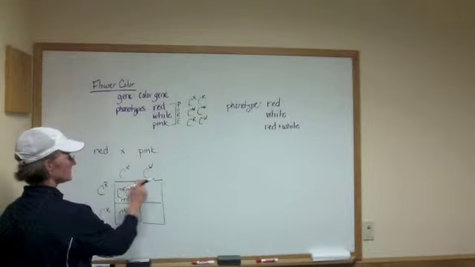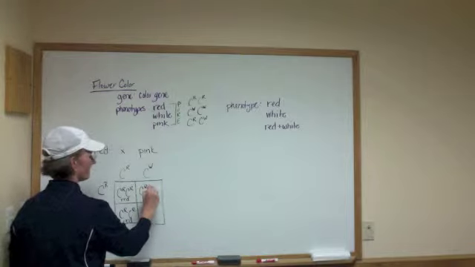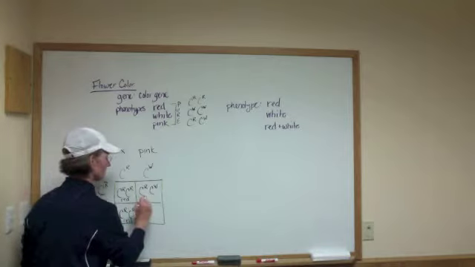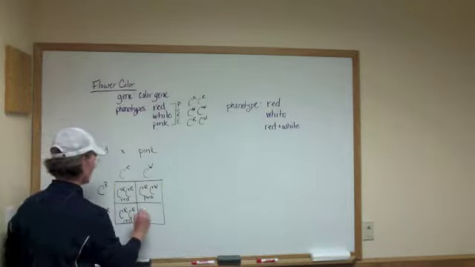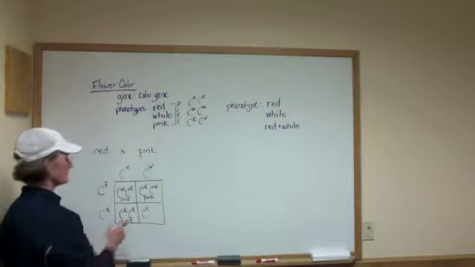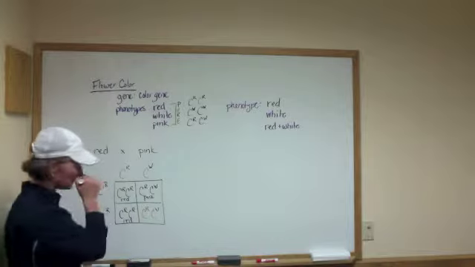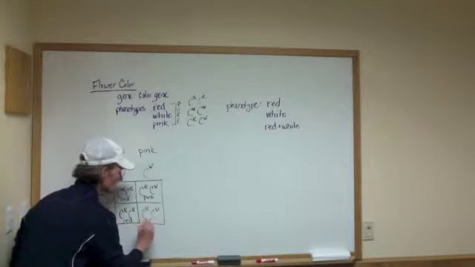If this sex cell is fertilized by this sex cell, what's it going to look like? It's going to be pink. Excellent. And if this sex cell carrying the red allele is fertilized by this sex cell carrying the white allele, what color is it going to be? It is going to be white. Is there any chance?